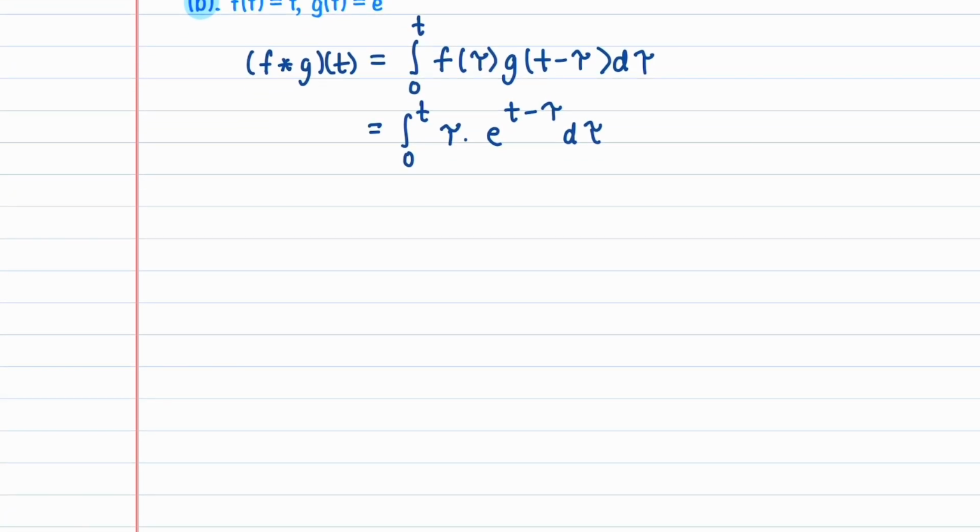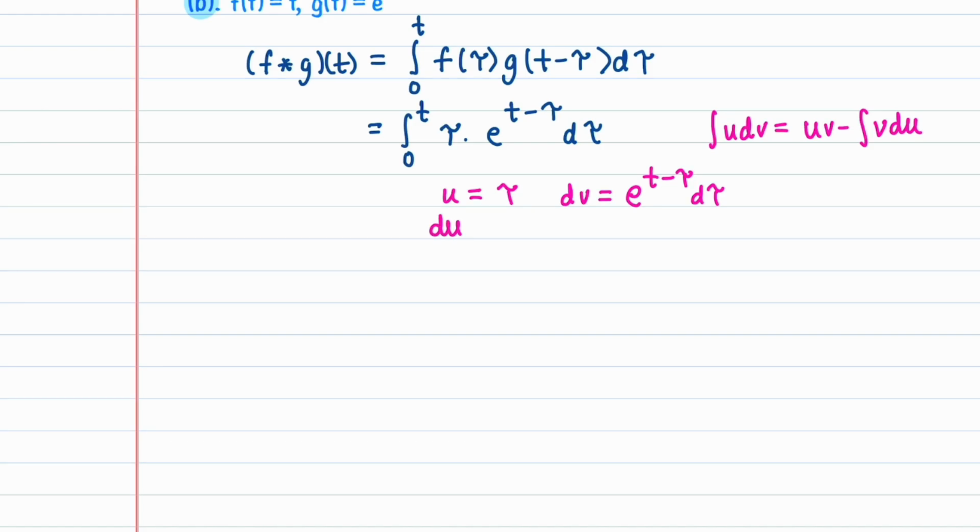To evaluate this integral, we are going to have to use integration by parts. Let me put the formula over here. We have the integral of u dv is equal to uv minus the integral v du. We're going to let u be equal to tau, because du will just be d tau, and then dv is what's left, e to the t minus tau d tau.